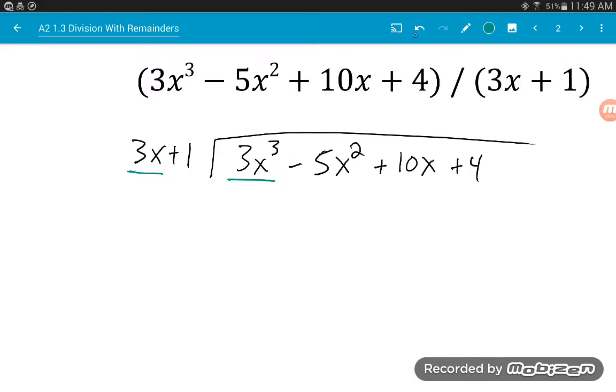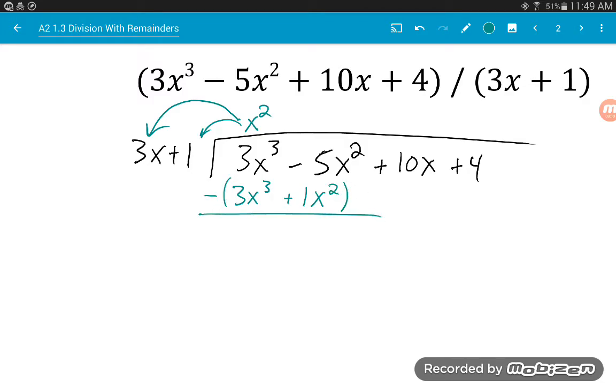3x goes into 3x cubed x squared times, because x squared times 3x would be 3x cubed. X squared times x is x cubed, and the 3 just comes along for the ride. 3x cubed. Distribute that onto here. 1 times x squared is positive 1x squared.